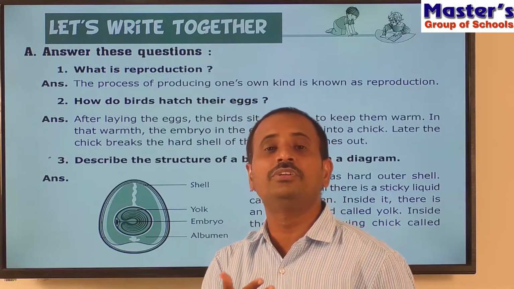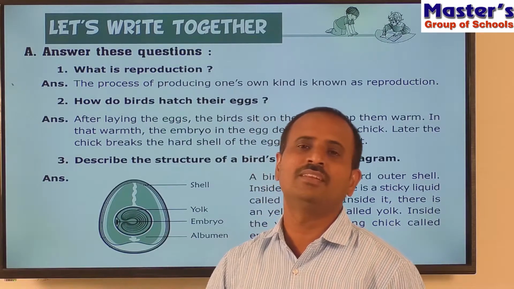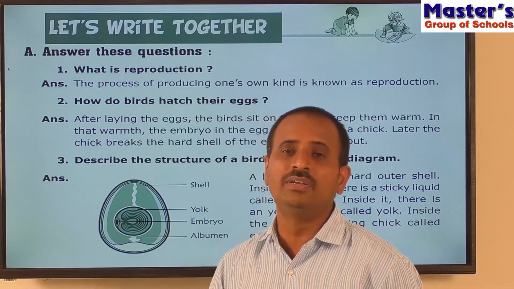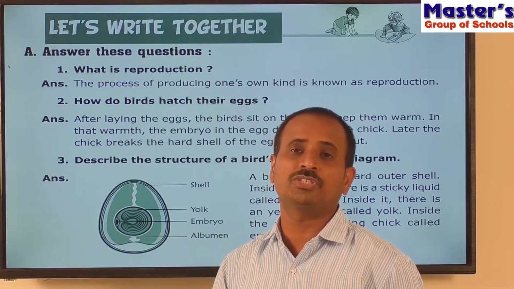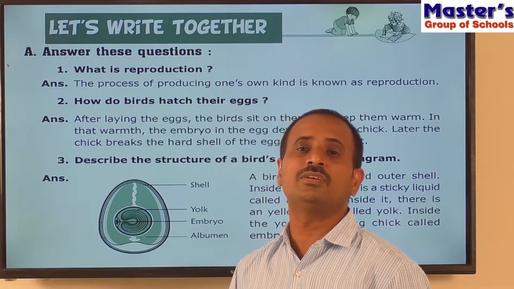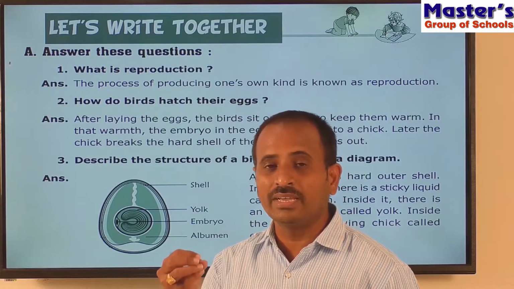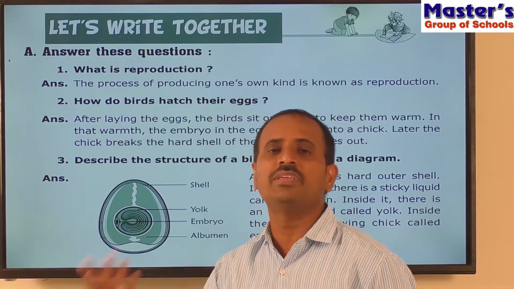This process continues in the form of a chain. This ability of reproduction helps the living organisms continue to exist on this earth for more years.